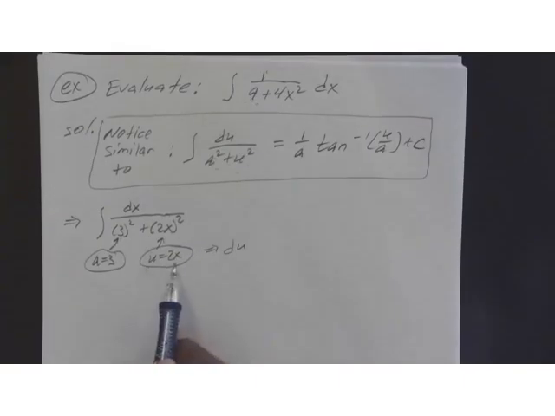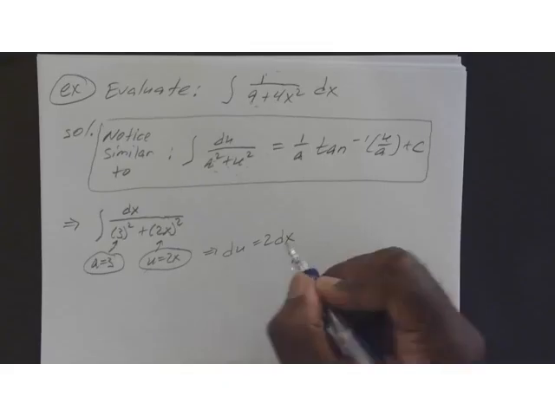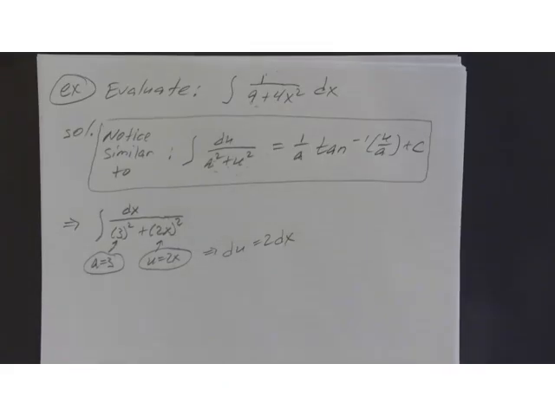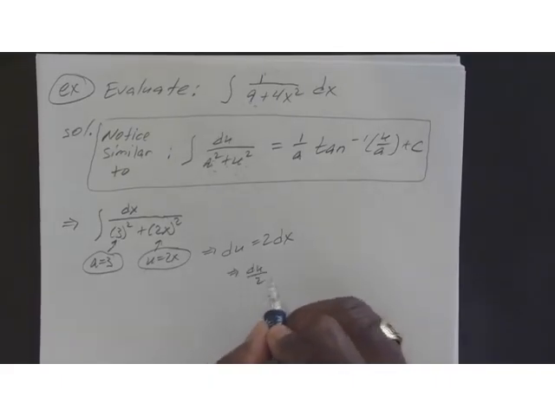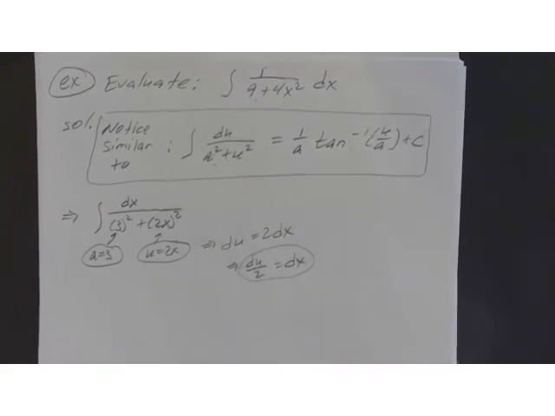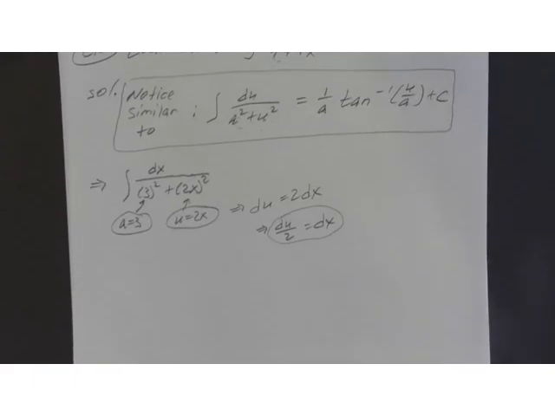So the derivative of u is equal to 2 dx. If we divide both sides by 2, you know that du divided by 2 is equal to dx.